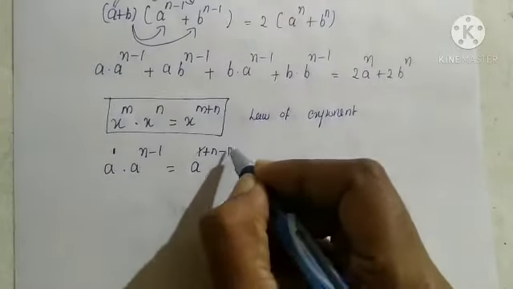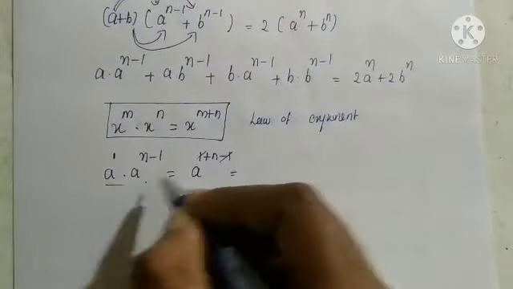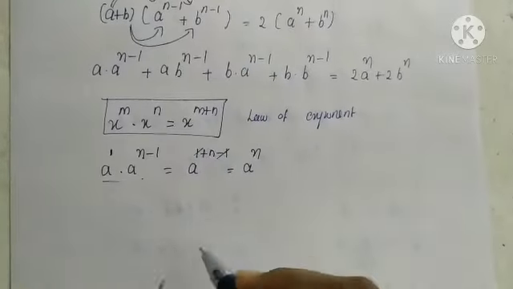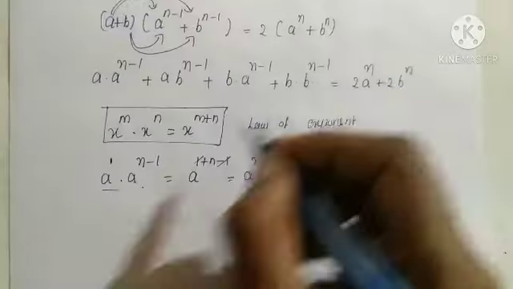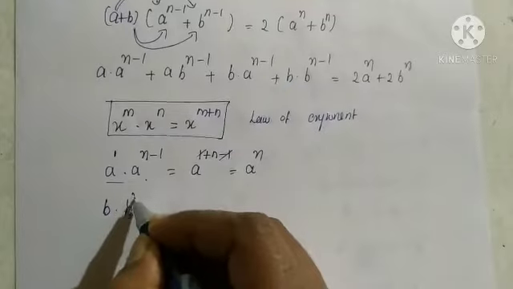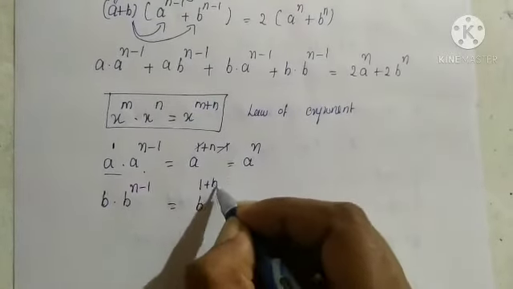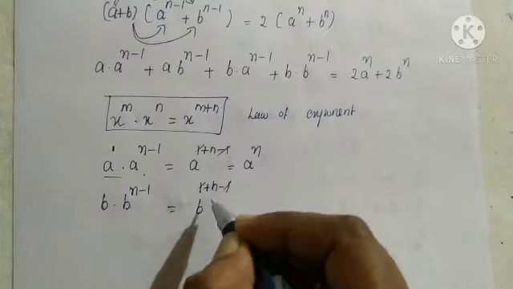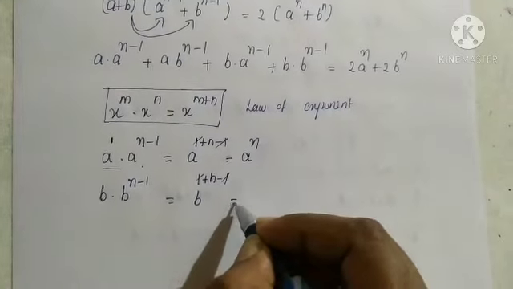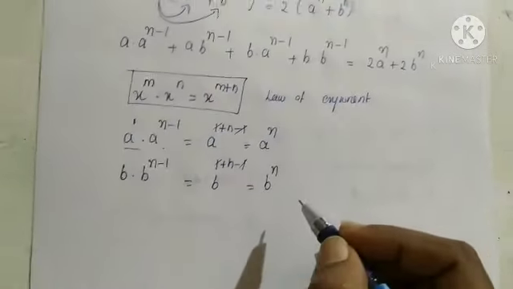So cancelling this 1 and minus 1, this term will become a raised to n. Similarly, b into b raised to n minus 1 can also be written as b raised to 1 plus n minus 1. Also cancelling this 1 and minus 1, we get b raised to n.